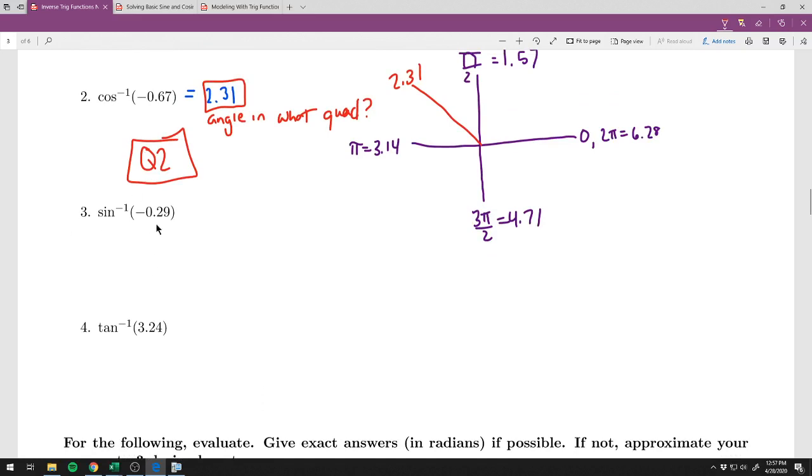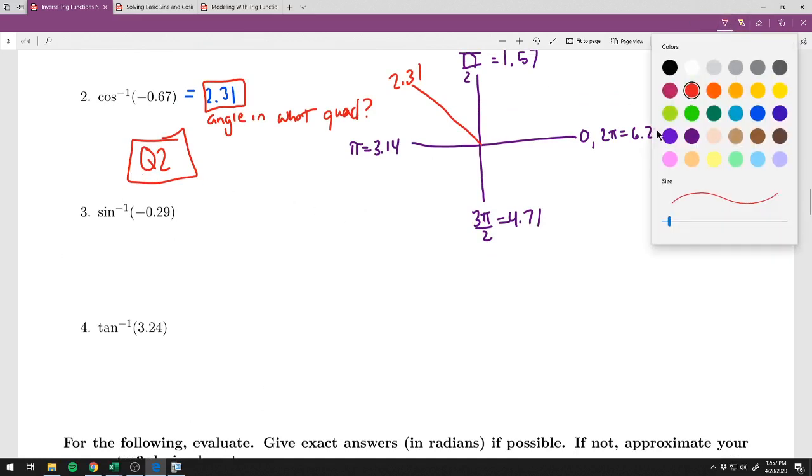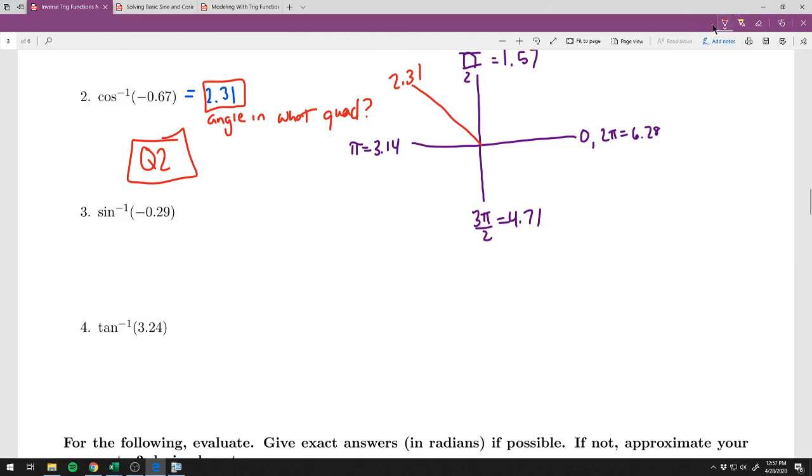I just got one more here for sine and tangent inverse to practice those. It's really just hitting another button, but since they have different domains, or ranges rather, it's good to do the different ones. So I got sine inverse of negative 0.29.